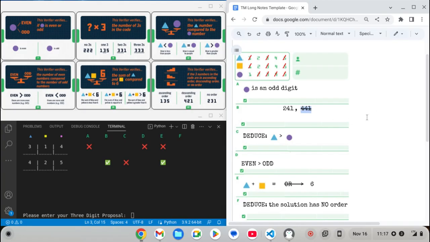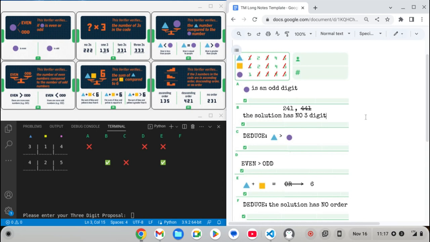And here I should have written down that the solution has no 3-digit. Okay, so yeah, we did test B and it confirmed that there should be no 3.